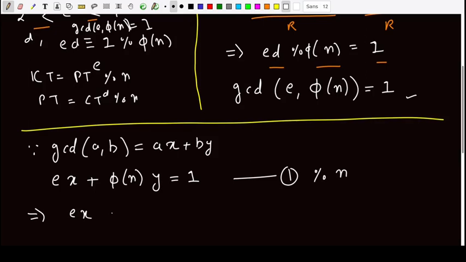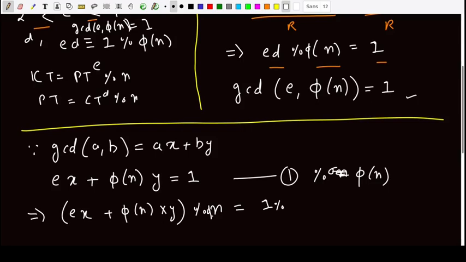So what I want to do is phi n times y modulo n equals 1 modulo... I'm sorry, we wanted to do it with phi n. Let me just write it down as phi n. So this is phi n and this is phi n.